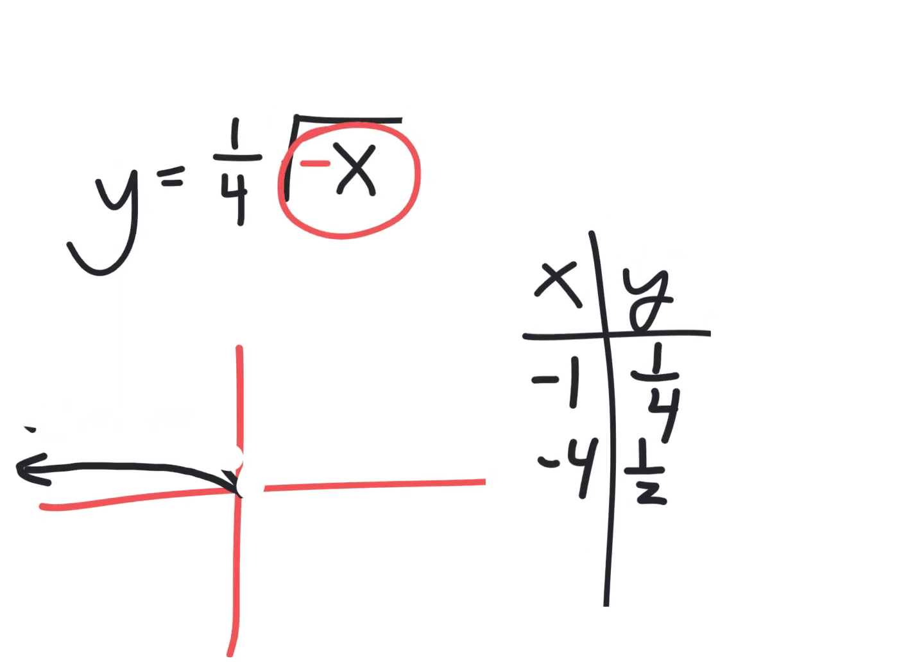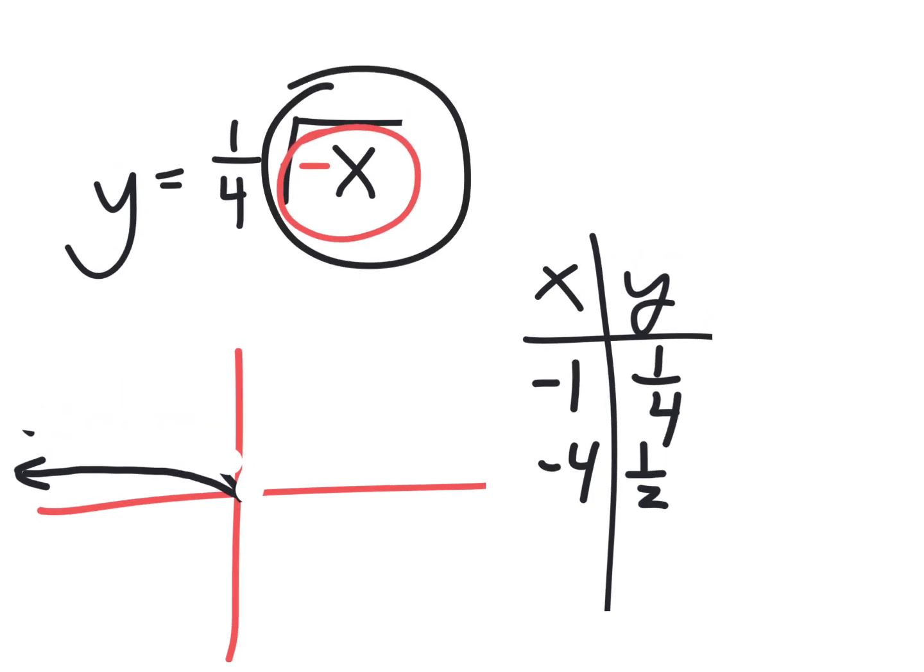And then you got, if I could make that square root of 16, that'd be pretty cool. But I can't actually use 16s. I got to use -16. And then negative of -16 will be 16, and then square root of 16 is 4, and then 1/4 of 4 would be 1. There's 3 points.